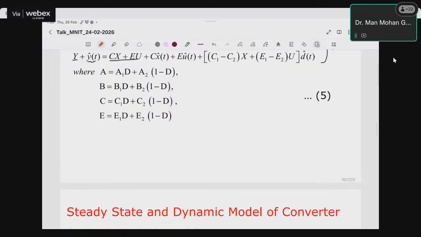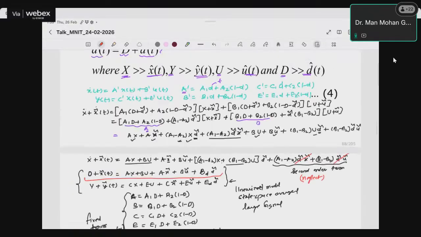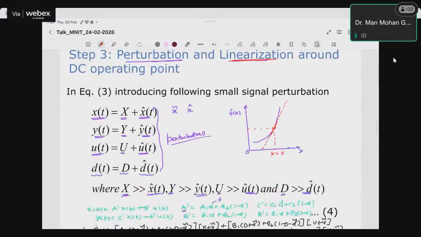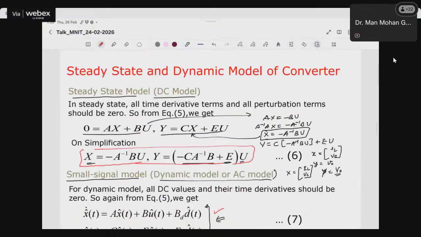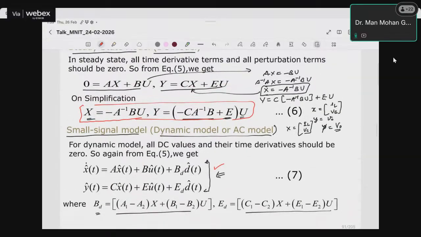We derived these formulas. Yes, this one. X equal to minus, yeah, this is the right one. Yeah, it is already there.